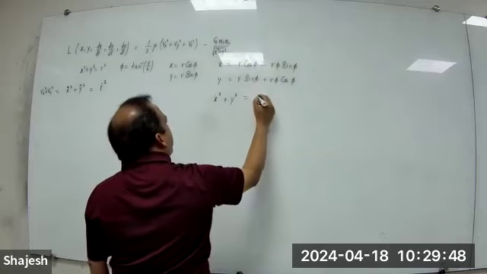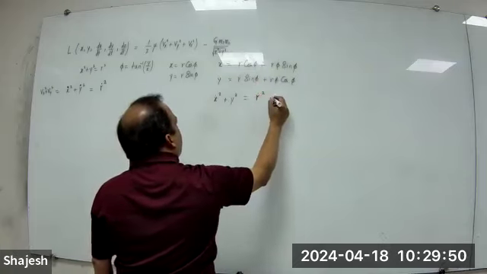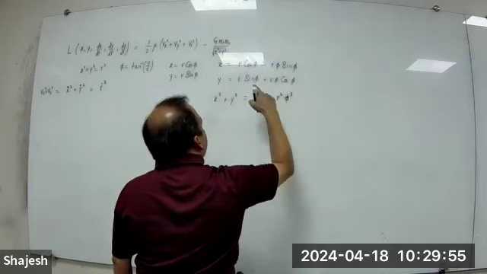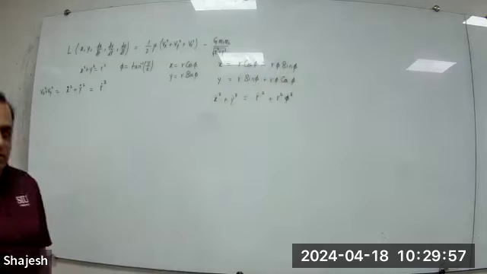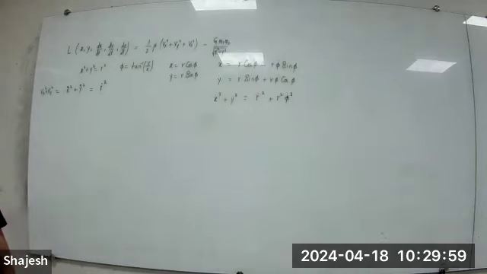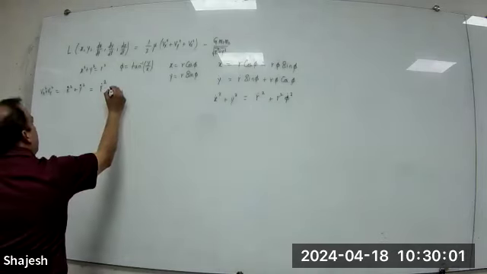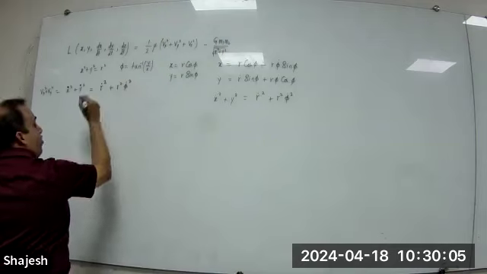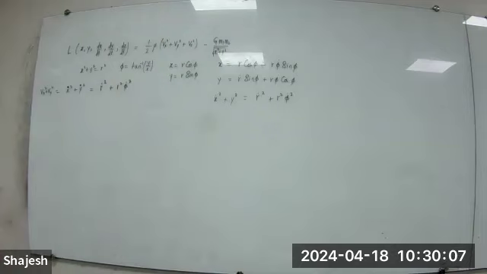This square plus this square is r dot squared. This plus this is r squared phi dot squared. Cross terms cancel. That's it. So this is plus r squared phi dot squared. In your homework, you must have done this.